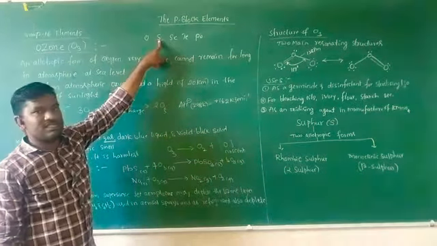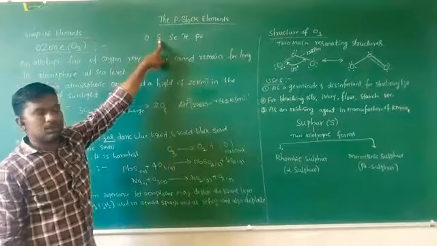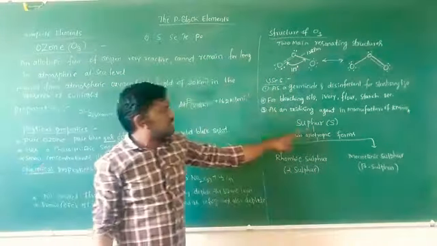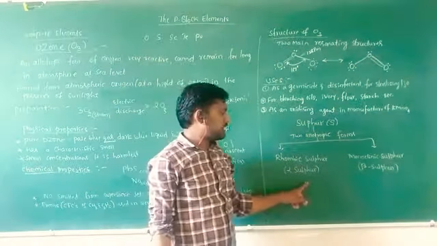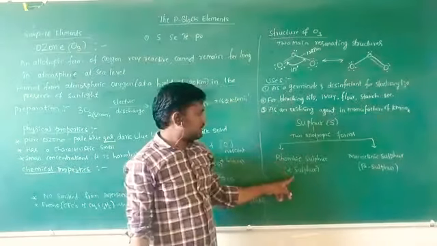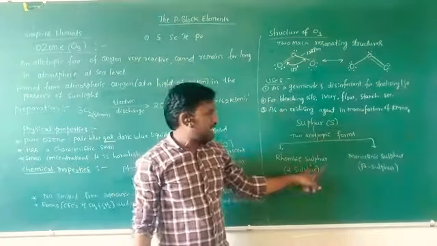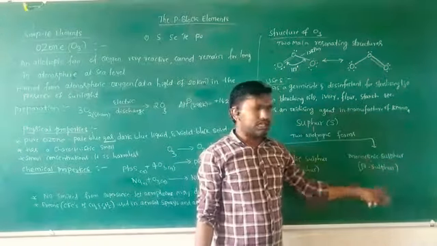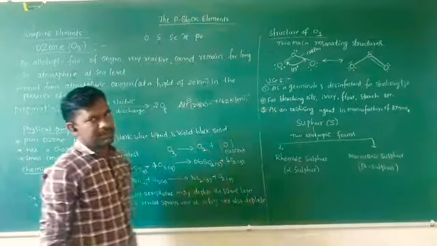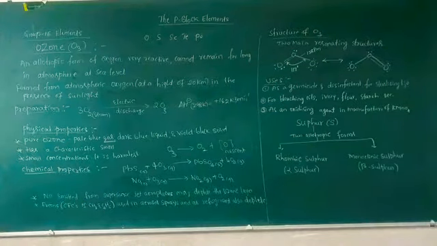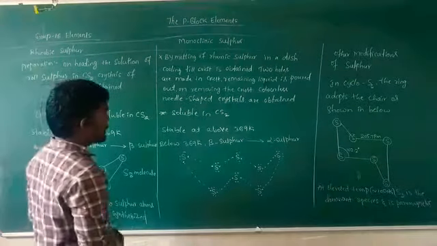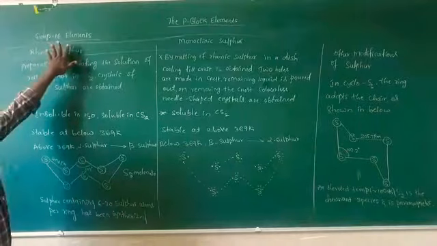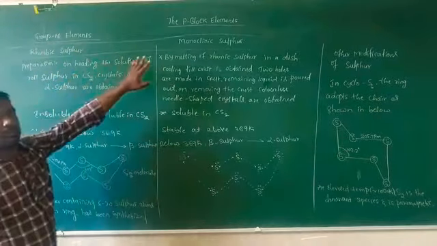Now allotropy of sulfur, the second element in group 16. Sulfur has two allotropic forms: alpha sulfur and beta sulfur.